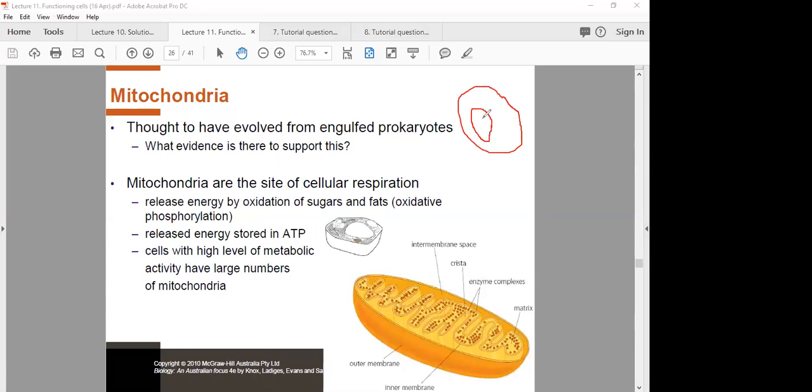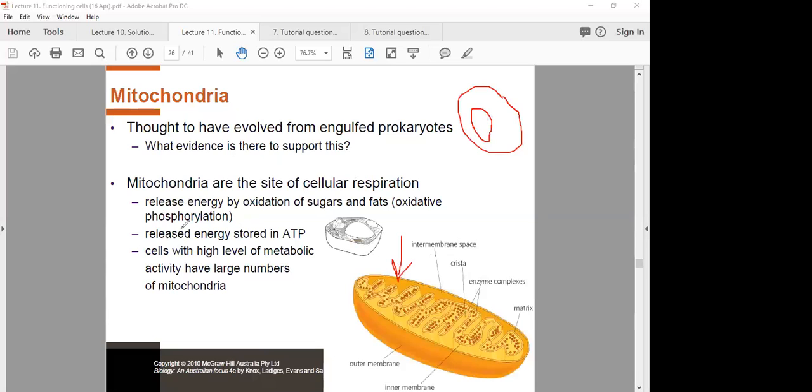Then this cell within the cell survives, but not only does it survive, it becomes highly specialised to carry out a certain function. And that's where they believe that mitochondria and also chloroplasts originated from, that they were originally individual cells that ended up being highly specialised organelles.